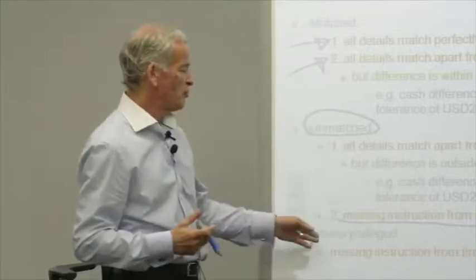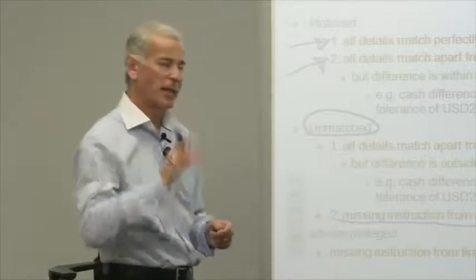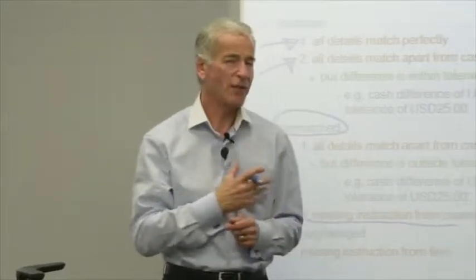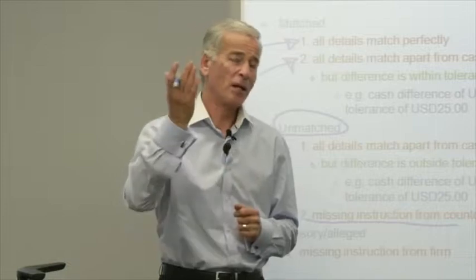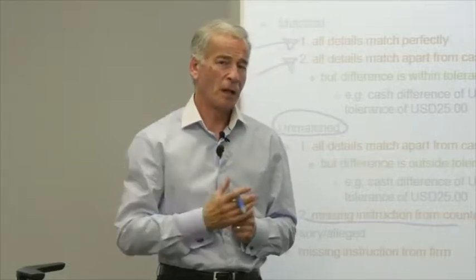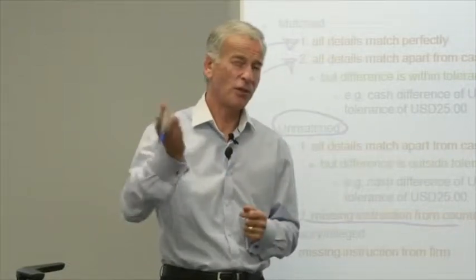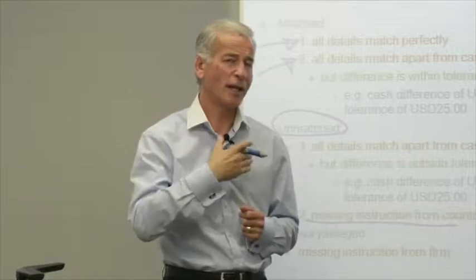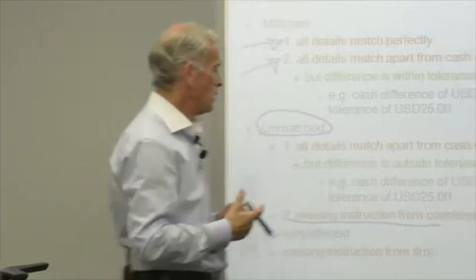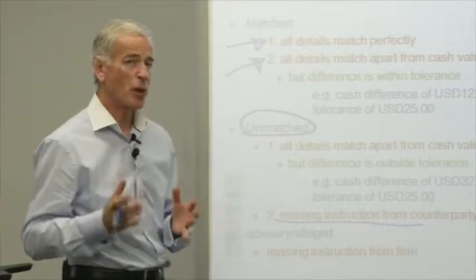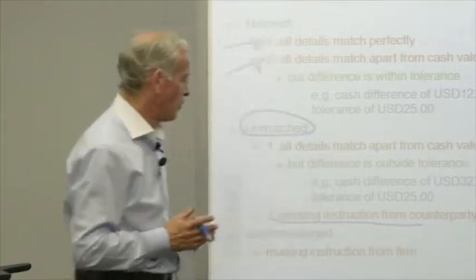And advisory or alleged is the other way round, where actually you haven't issued an instruction, but there is a party, potentially a counterparty, that's issued an instruction which is alleging the trade against one of your accounts. And it remains to be seen whether you recognise that trade or not.